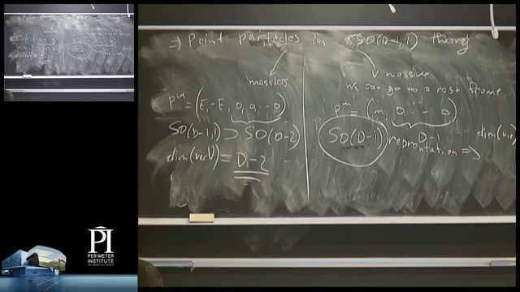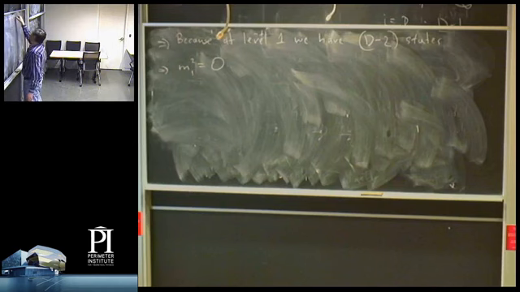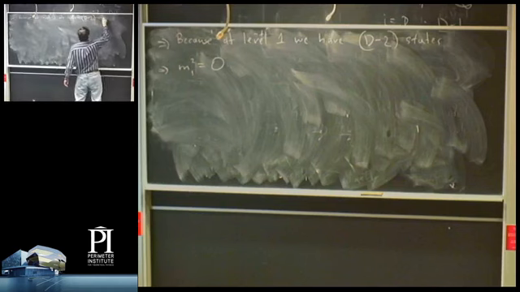So the conclusion is that at level 1 we have d minus 2 states. That immediately implies that the mass of those states must be 0.